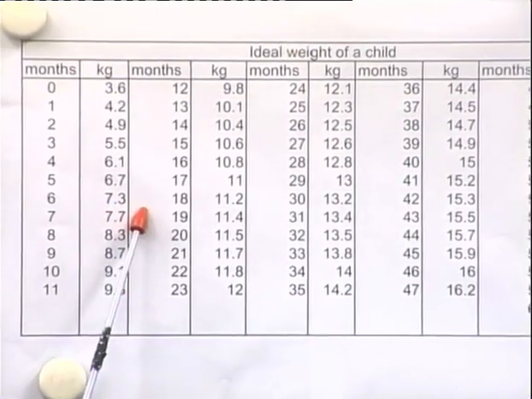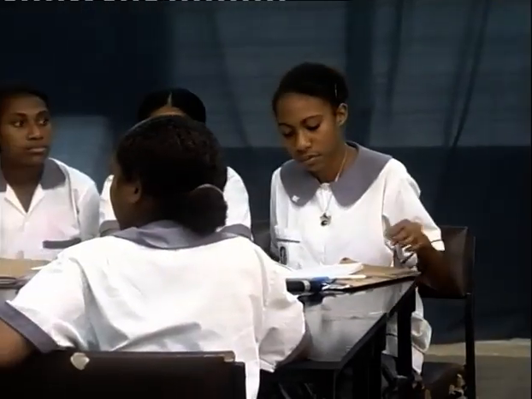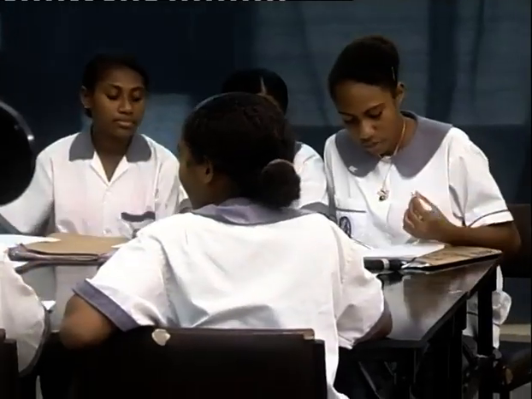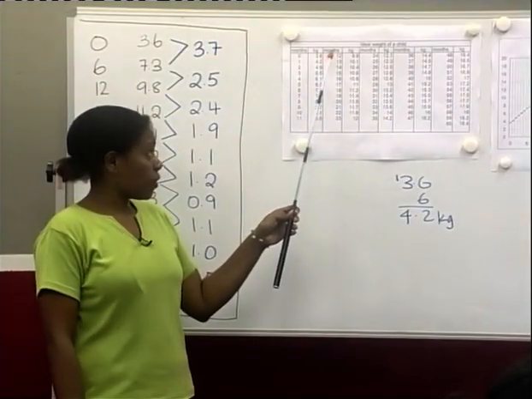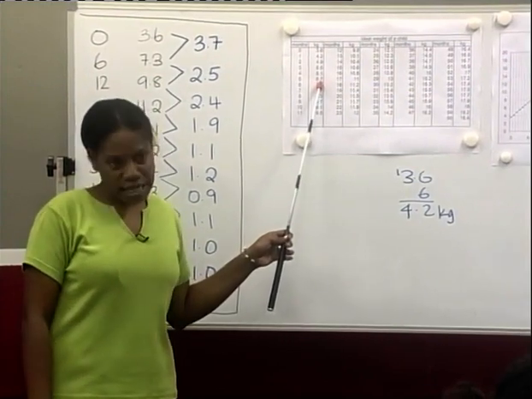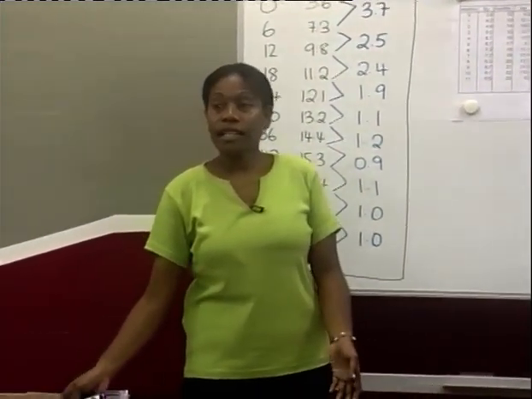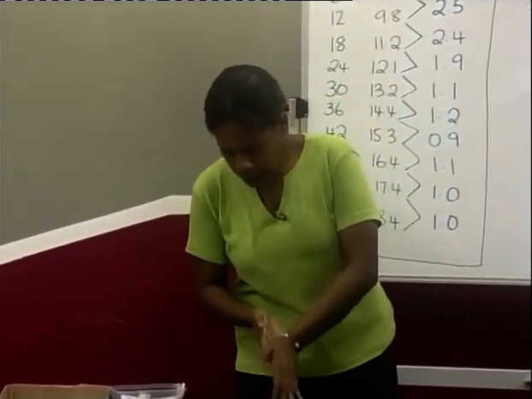Okay. All right, thank you. So that's how they got their answer. They subtracted 3.6 from 7.3, and the answer was 3.7 kilograms. Okay, good. Now the second question, please.